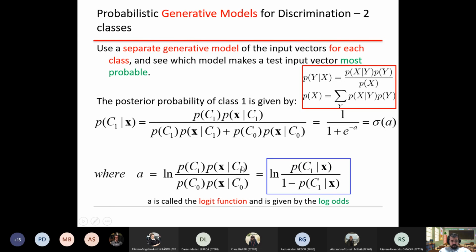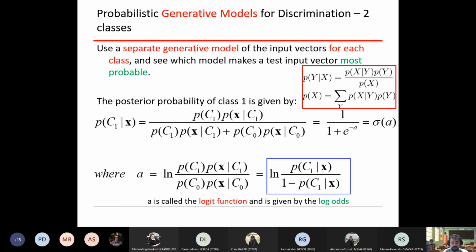So we'll continue with generative models, and we'll start with two classes. We'll have to use a separate generative model of the input vectors for each class, and then see which model makes the test input vector most probable.